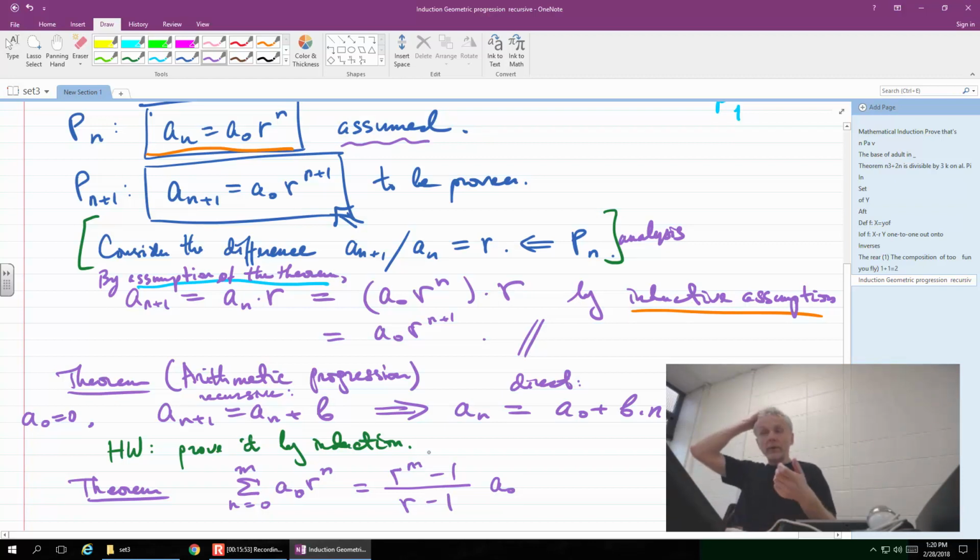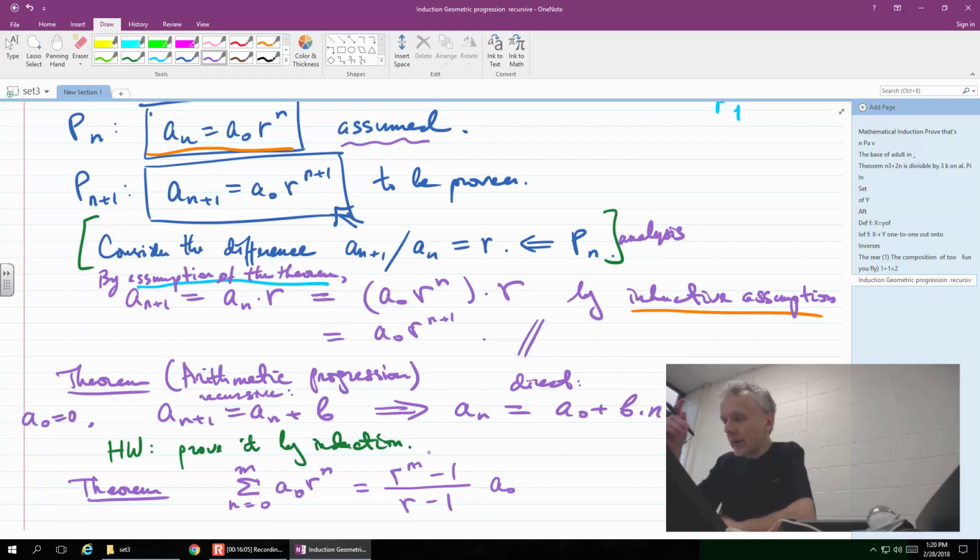Well, when you're not sure about the formula, you do the base case anyway. If m is equal to 0, that's not working out. If m is equal to 1, okay, so we have to have m plus 1 over here.